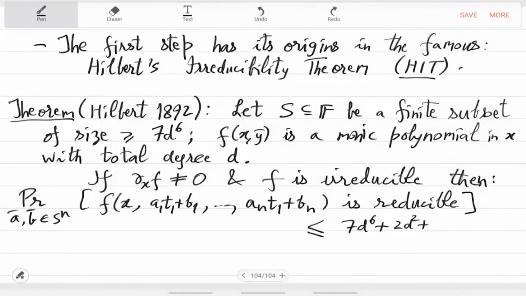So this exact expression you can forget, it's not very important.